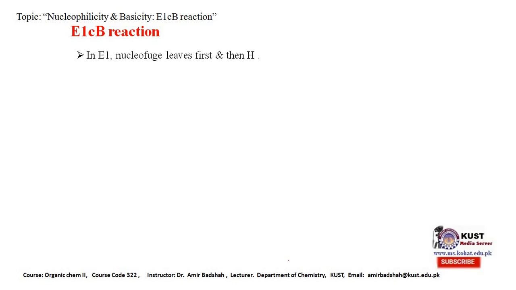E1cB reaction. We know previously that in the E1 reaction, first the nucleophile, which is also called the leaving group, leaves first, and then hydrogen is abstracted in the following step. In E2, both the leaving group and hydrogen leave at the same time.